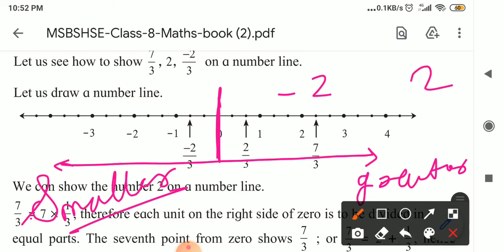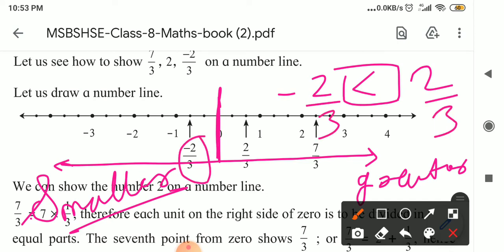Now tell me which is greater and which is smaller. Here also you can easily recognize that plus 2 is greater than minus 2. Same way, minus 2 upon 3 and plus 2 upon 3: the positive number is always greater than the negative one.